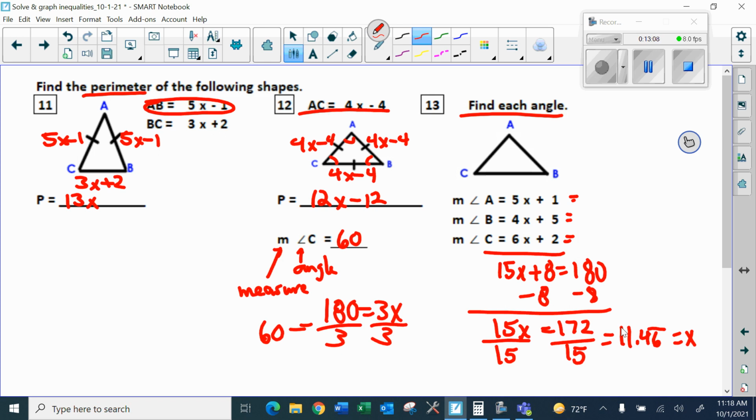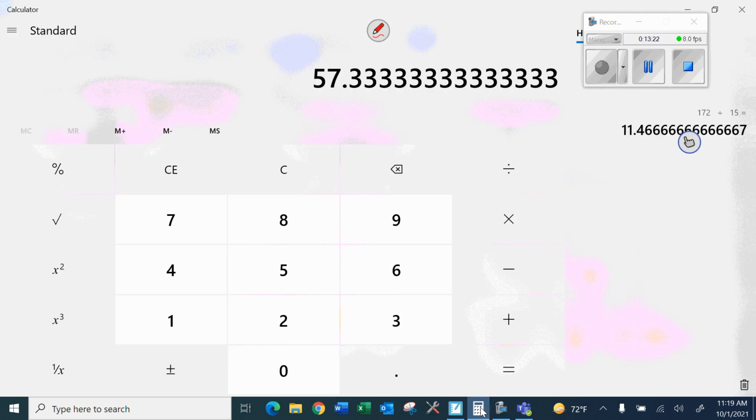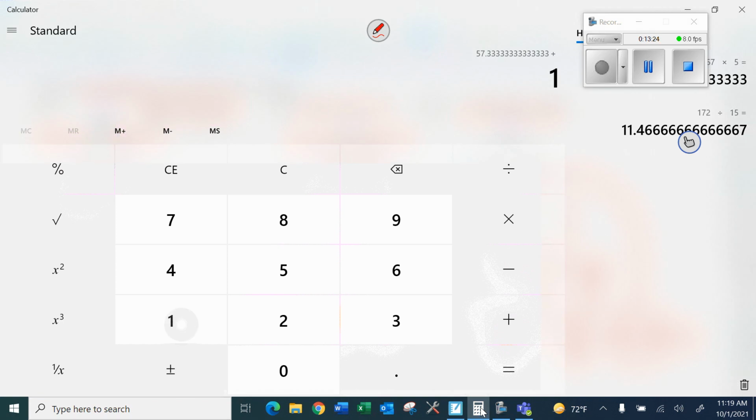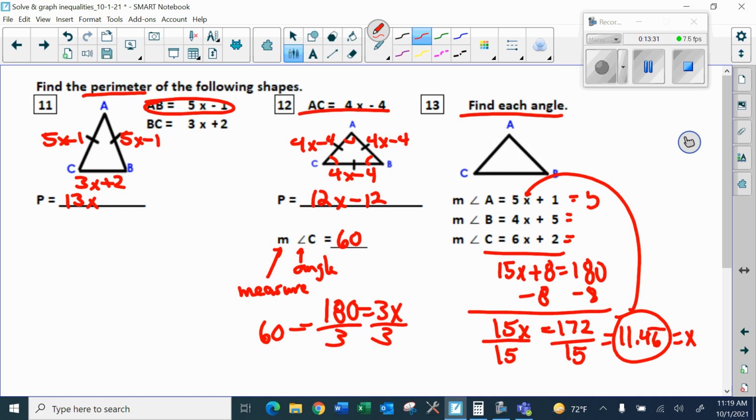Now I need to plug that into the x right there. I can leave that in my calculator, times it by 5, and then add 1. So take that answer, times it by 5, equals, and now plus 1, equals 58.3 repeating bar. So angle A is 58.3 repeating bar.